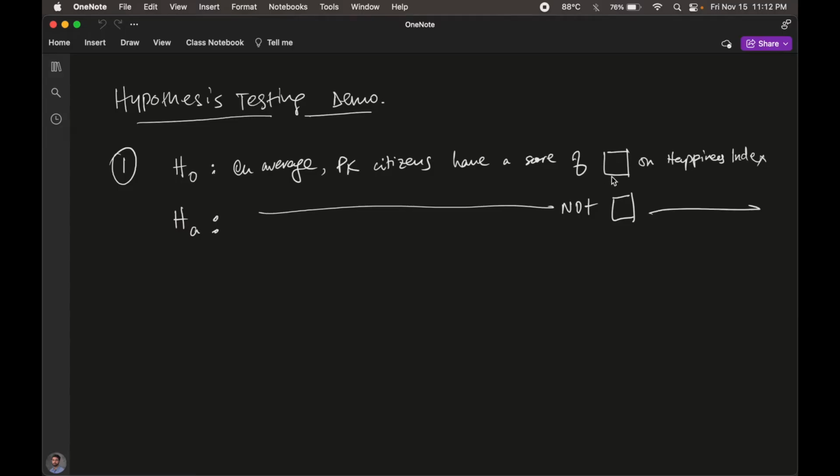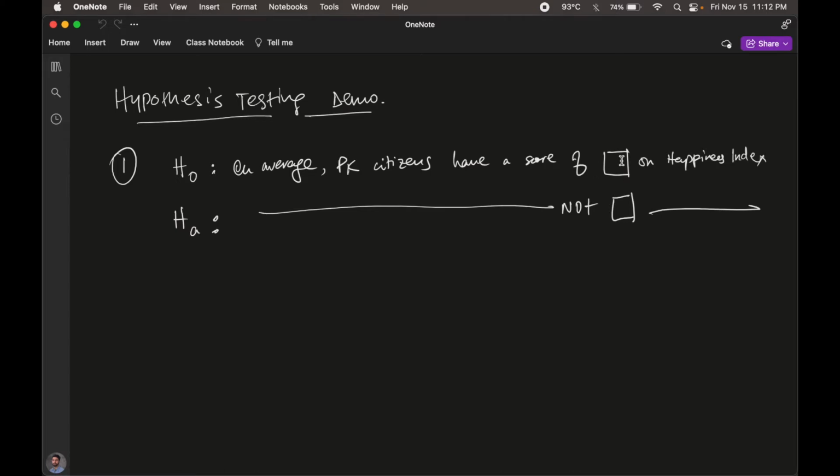Because we are saying, okay, on the base case, this is our ranking, our score, or our average value, so to speak, on happiness index. But the alternative hypothesis is it's not. And then we take samples and we conduct a survey to basically reject or not reject the null hypothesis. So that's the idea of it.